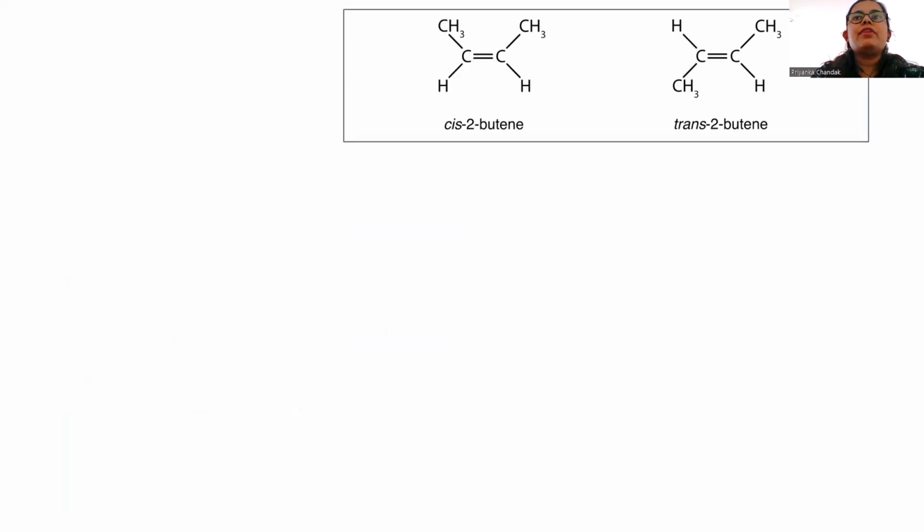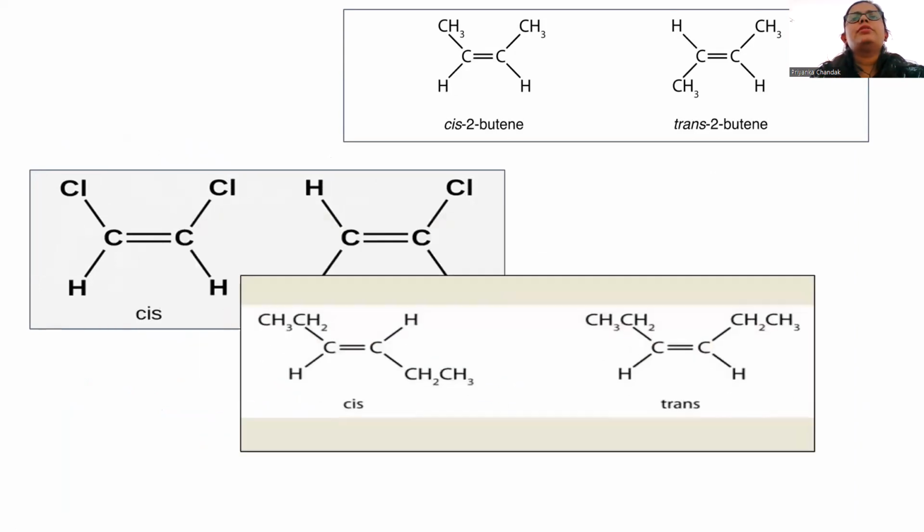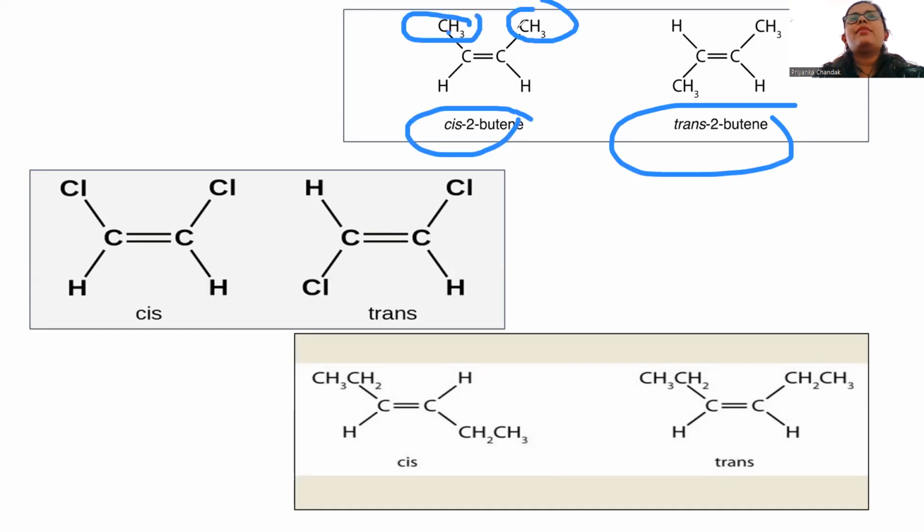Examples are very important, and I have taken this example directly from the Bahl and Bahl books. I have drawn some and put some from Google images. See here, cis-2-butene and trans-2-butene. Here you can observe this methyl group and this methyl group are on the same side of the double bond. That's why cis.